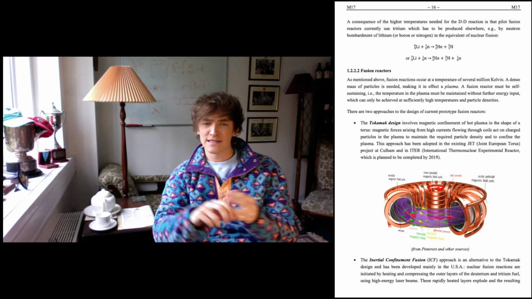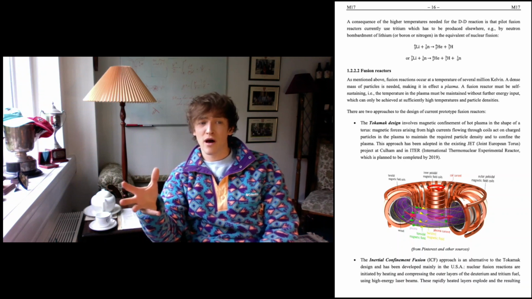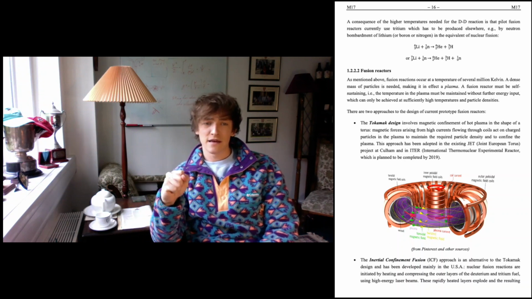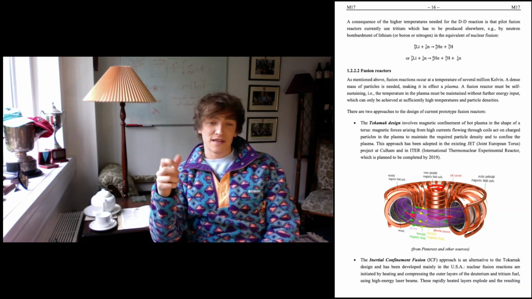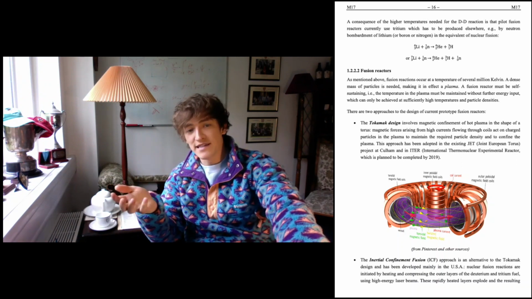And ITER is an international project in Cadarache in France to build basically the first demo plant for future fusion reactors. Of course, the famous saying goes that fusion energy is always about 30 years away.